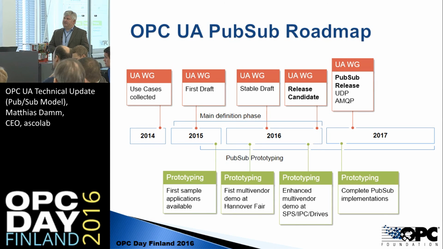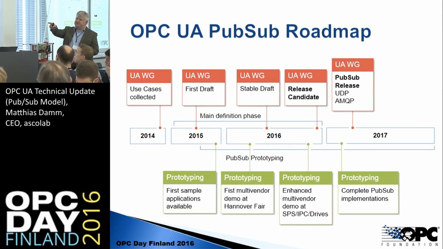And then the plan is to have, like, second quarter of 2017 the first release of PubSub. And the time frame between the release candidate and the release mainly depends on the progress of the prototyping working group. So that part will be more important then.